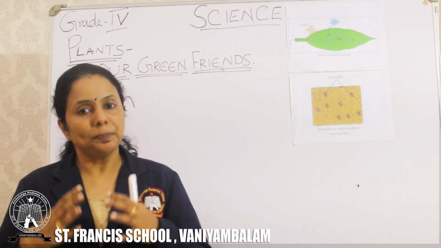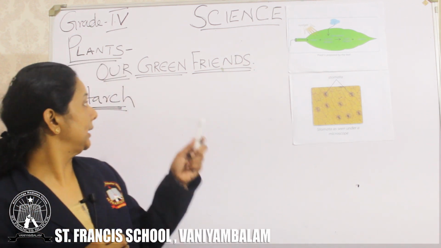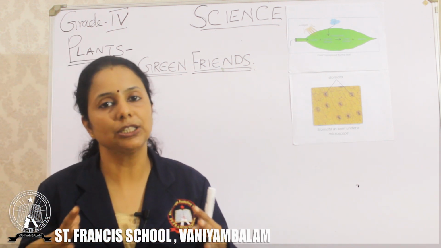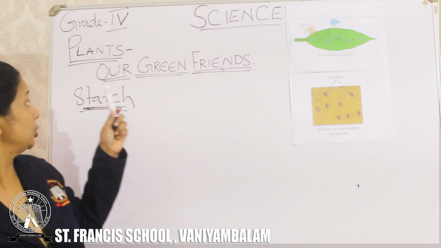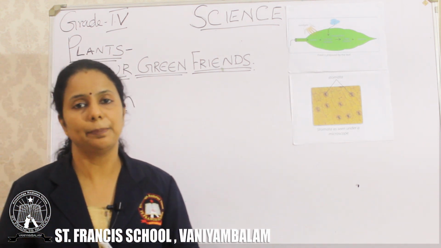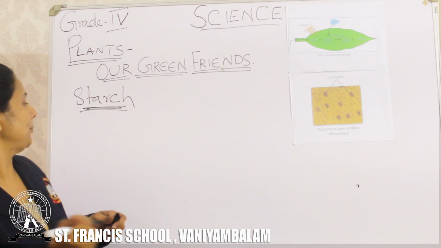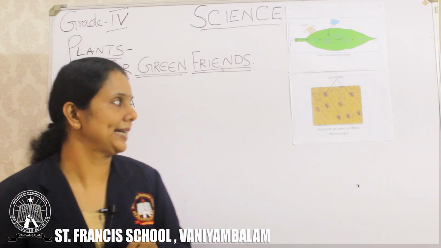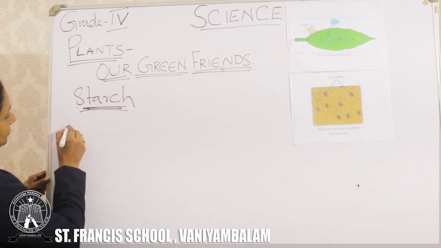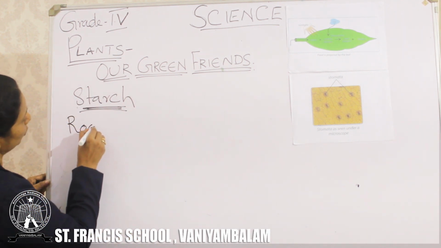So in plants, the food is stored in different parts of the plant, and the food made is converted into starch and stored in different parts of the plant. Now let us see the different parts of the plant which store food in different plants, right? Okay, so first let us see roots.